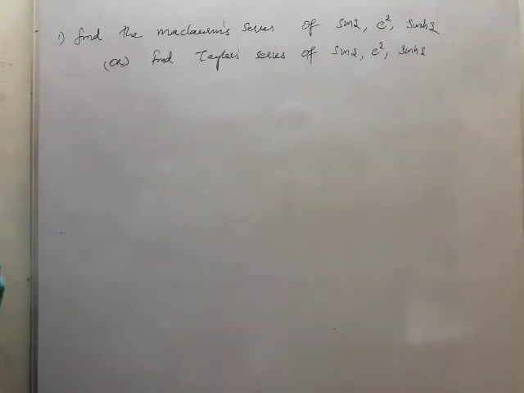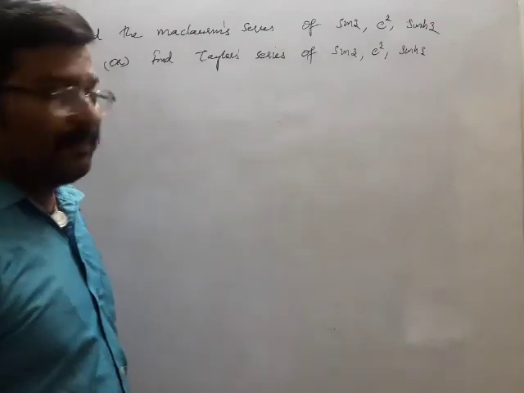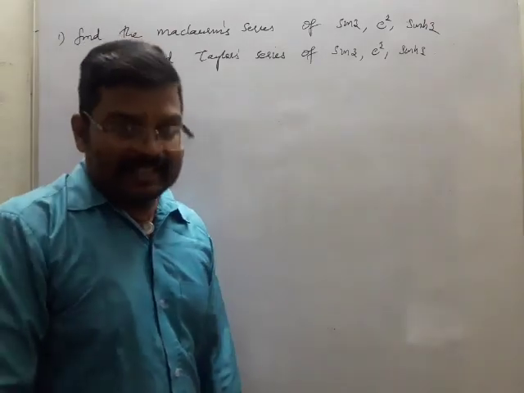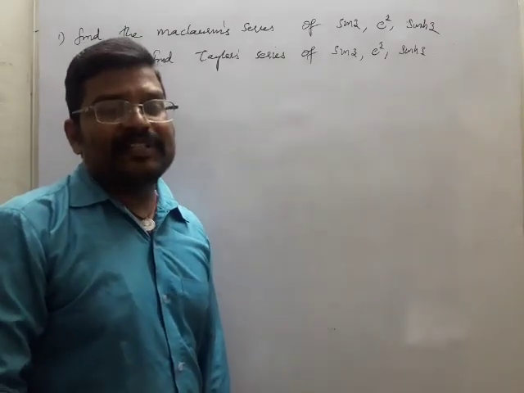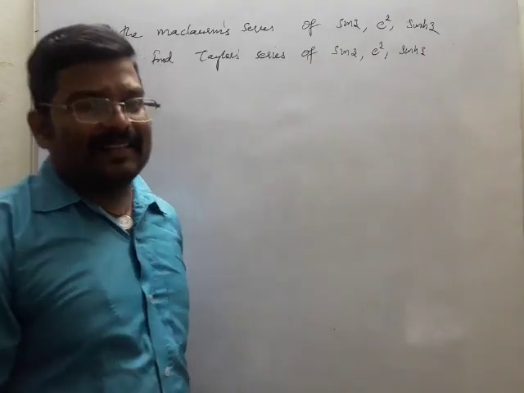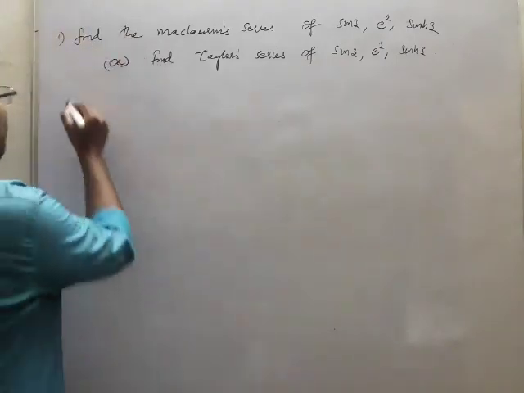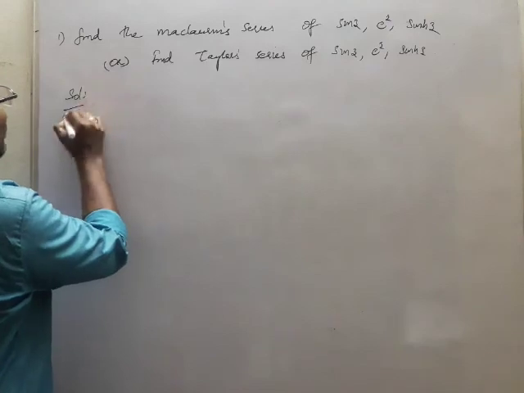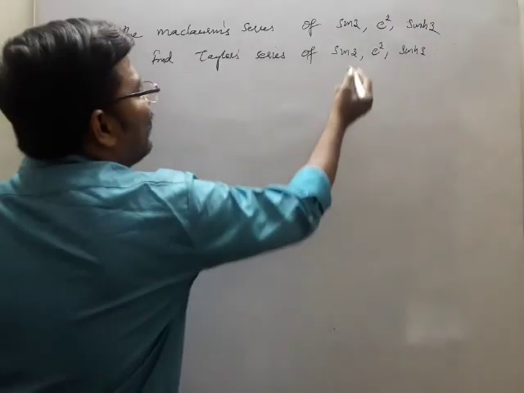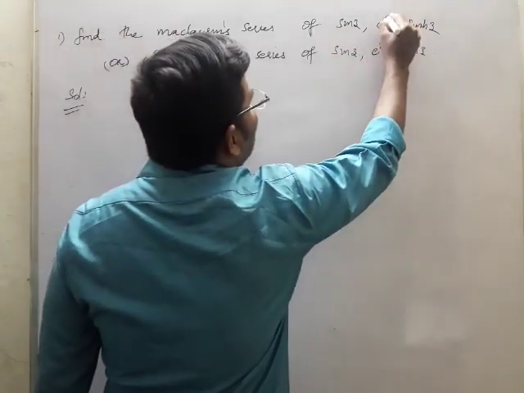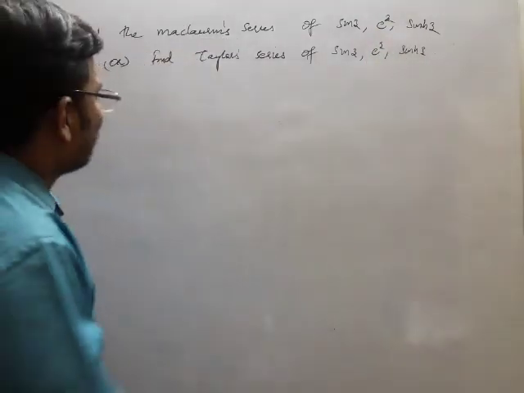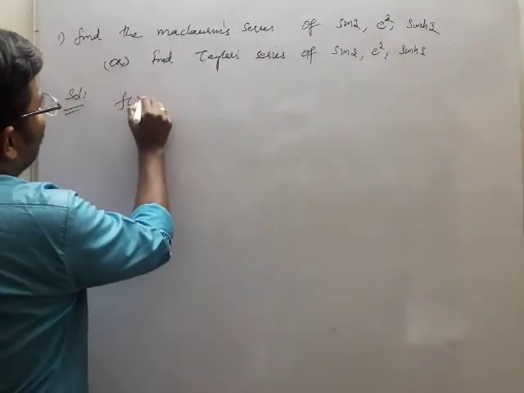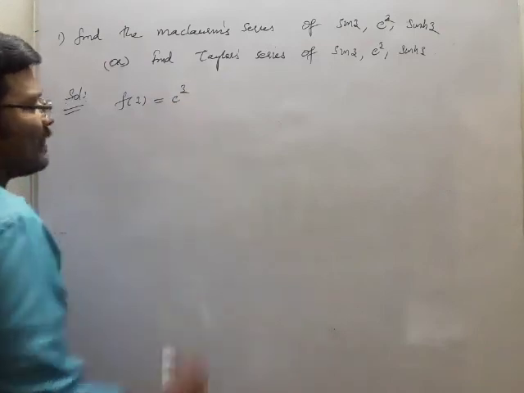Now I will find it with the help of the Taylor series, and if you put z naught equal to 0, it will become a Maclaurin series. First I'll take e power z, so f of z is equal to e power z.